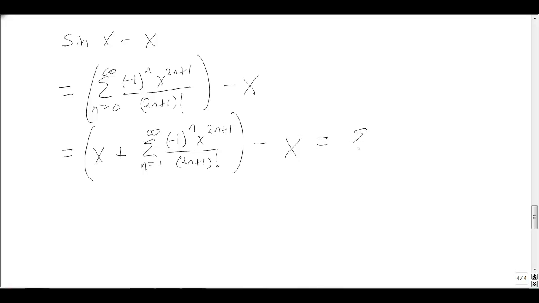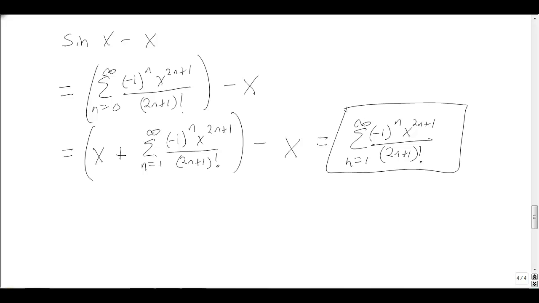And so what I get is just the sum n equals 1 to infinity, negative 1 to the n, x to the 2n plus 1 over 2n plus 1 factorial. So this is really our original sine x series, but the only thing that changes is that n equals 0, that normally we have for sine x, changes to a 1 because we subtracted off the first term. It's really all the minus x is doing.